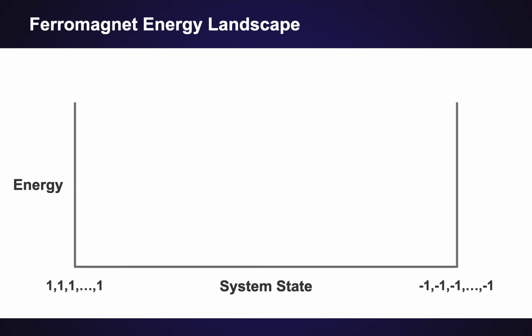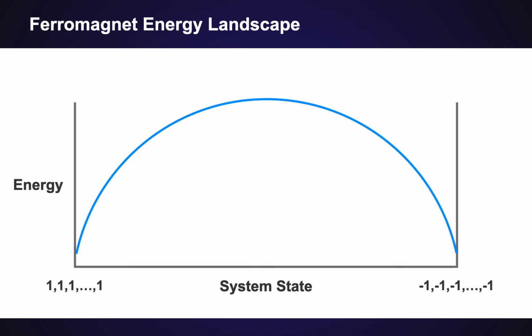If we think about this from an energy landscape point of view, it has a fairly intuitive function that's easy to understand. So in this plot, we're seeing all of the possible assignments of the decision variables from all 1s to all -1s, and then we have the energy there, and our goal is to minimize the energy.